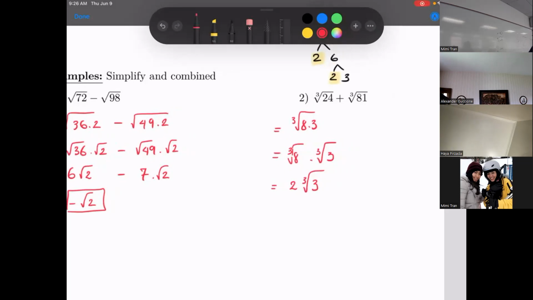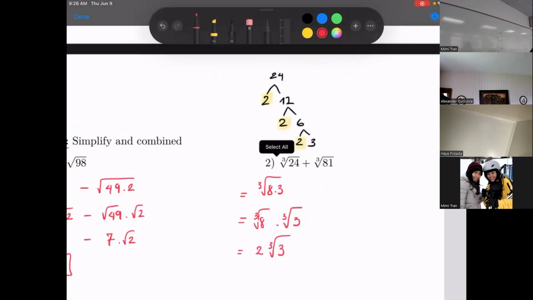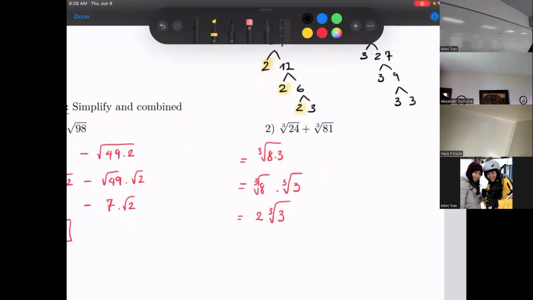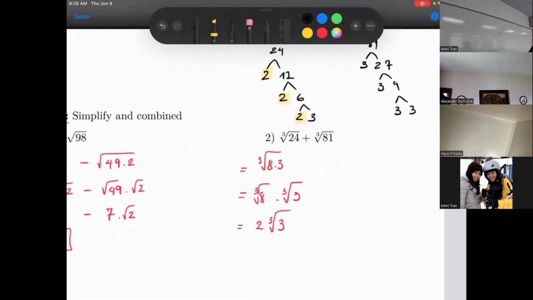And now the 81, you do the tree again. 81, 3 and 27, 3 and 9, 3 and 3. Again, you need at least three 3s, right? So 1, 2, 3. 3 times 3 times 3 is 27.